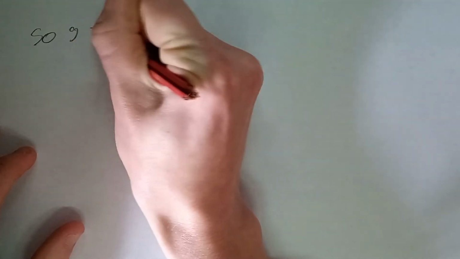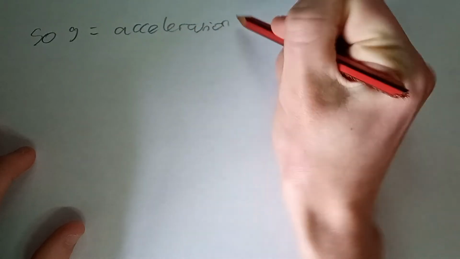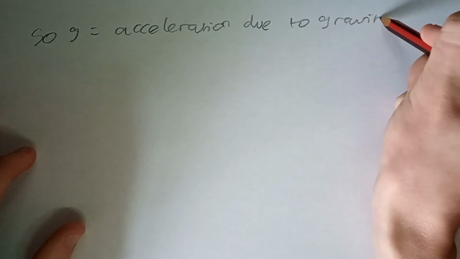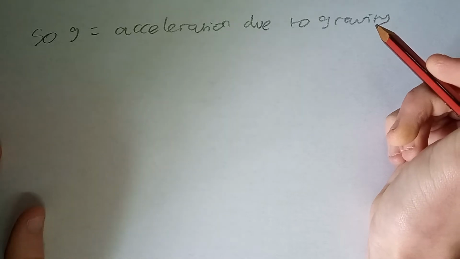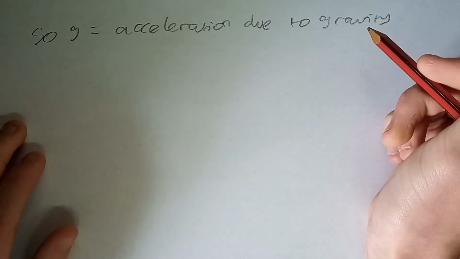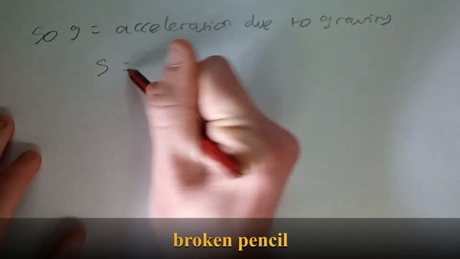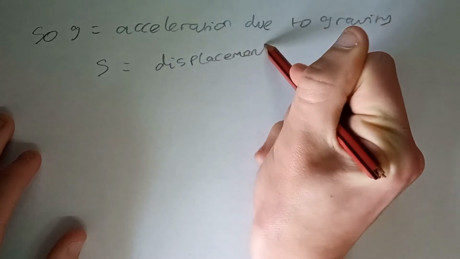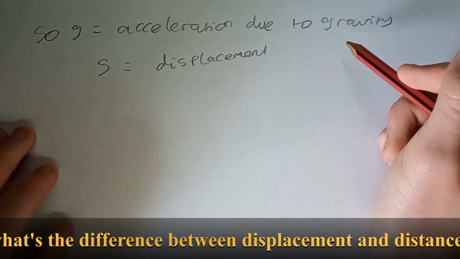So g equals acceleration due to gravity. As something falls, it speeds up. So what you need to do is measure s, which is the displacement. Why they call it s, I don't know, because d is distance, so they can't use d, they have to use s instead.